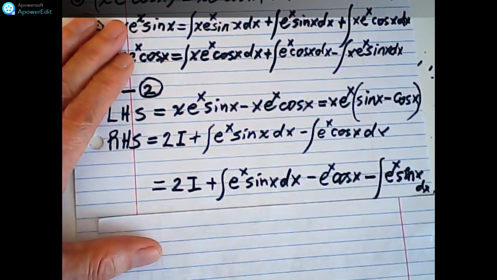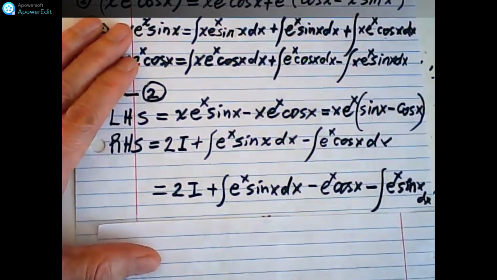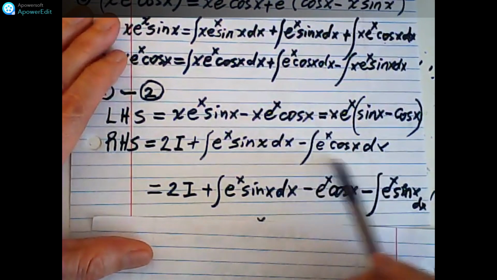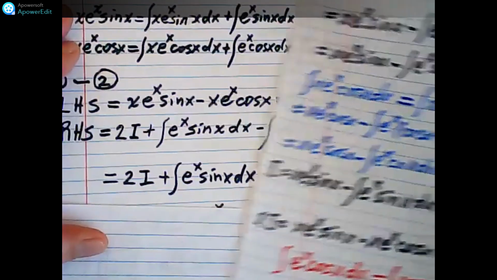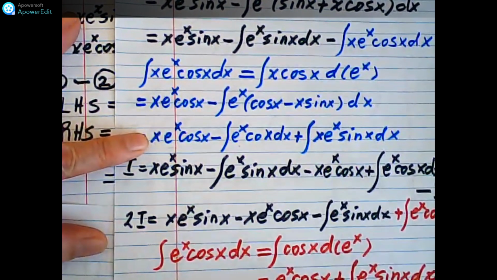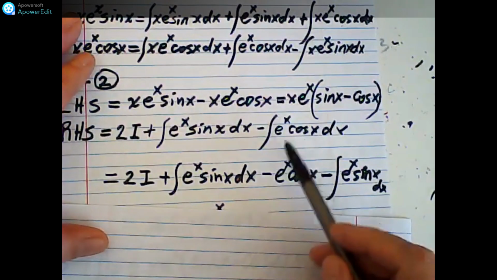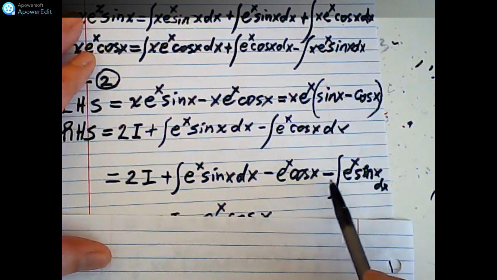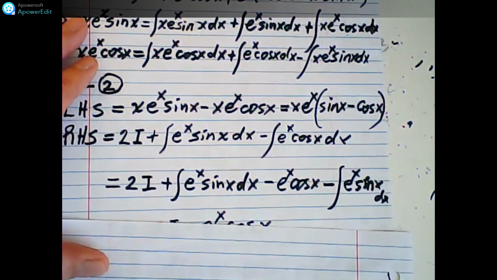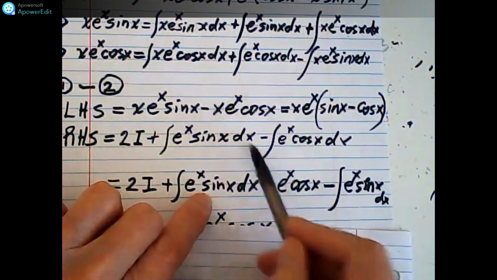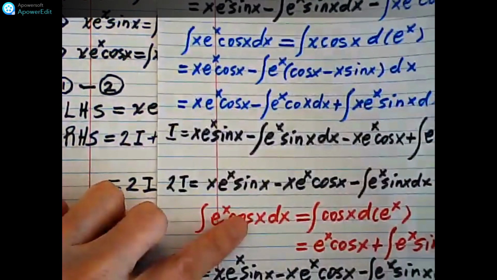Now, I have this red integral again. This red integral is this. So I replace these two. I get this one minus that one. So 2I, this is this. This one is replaced by these two.